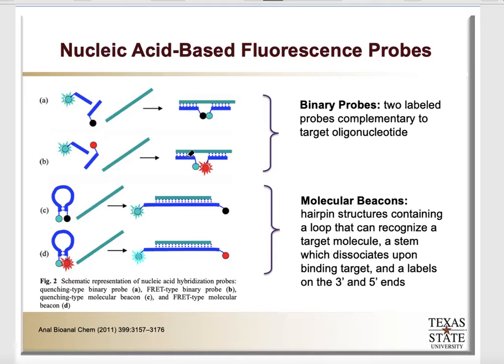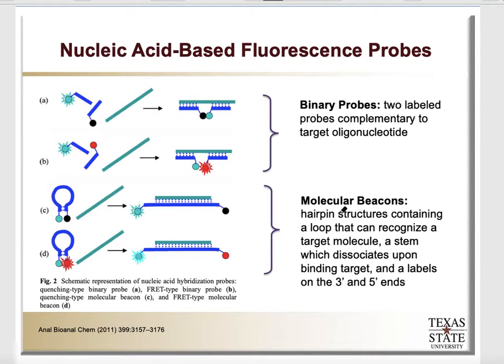But in the presence of the target, they are going to hybridize according to complementarity of the nucleotide bases, and now they're brought together into close proximity. Because of that, even though we are exciting the donor molecule, it is going to transfer its energy to the acceptor, and we're going to see fluorescence from the other molecule.